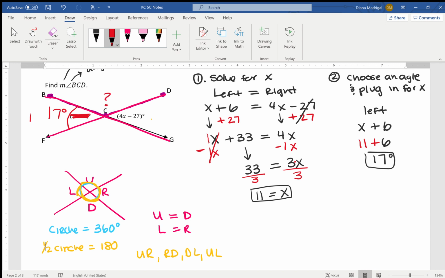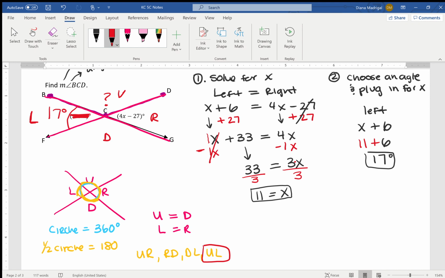This is the left, this is the upper, this is the right, and this is the down angle. How am I going to figure this out? Well, use your rule of a half circle. What can I do with the left and the one that I want? The one that I want to find out is the upper one, and I have left. So upper and left is half of a circle, forms 180.